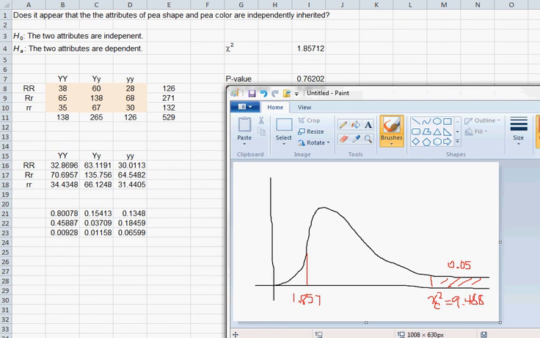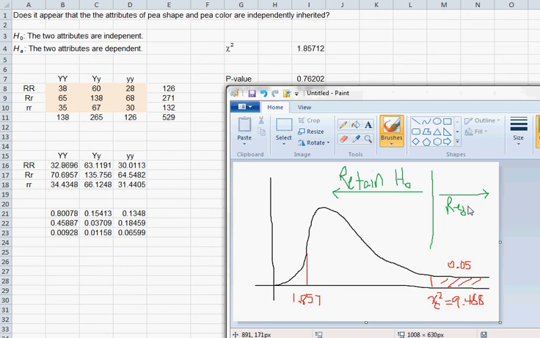Okay, and therefore, if I have a value over here, the area to the right has got to be bigger than 5%. So if I have any x-coordinate that's over here, my decision will be to retain the null hypothesis. However, if the test statistic turns out to be to the right of this line, the decision will be to reject the null hypothesis.